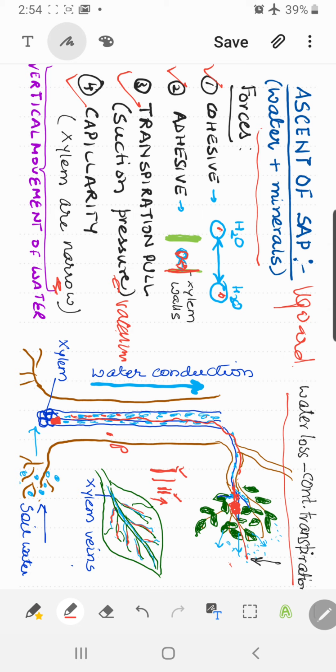Now what you have to see is, I have written here vertical movement of water. That means there are two movements involved in ascent of sap. First, soil water moves horizontally to the xylem, and second, xylem water goes to the top. So these forces are helpful in vertical movement of water, and for horizontal movement of water, I will be taking the content in the upcoming video.